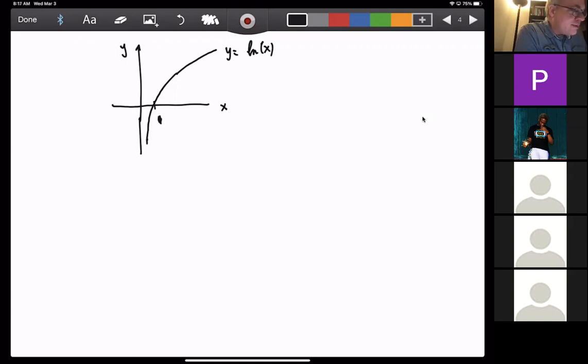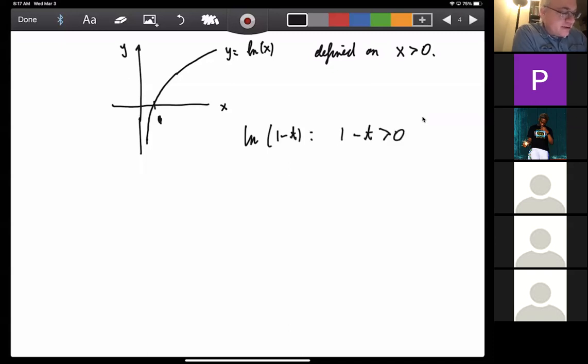It's not defined for negative values of the argument or when the argument is 0. So this is defined on x strictly bigger than 0. Does that make sense? Yes, thank you. So good. So if we look at natural log of 1 minus t, that's telling us that 1 minus t has to be bigger than 0, and then we can manipulate that inequality to get to t is less than 1.